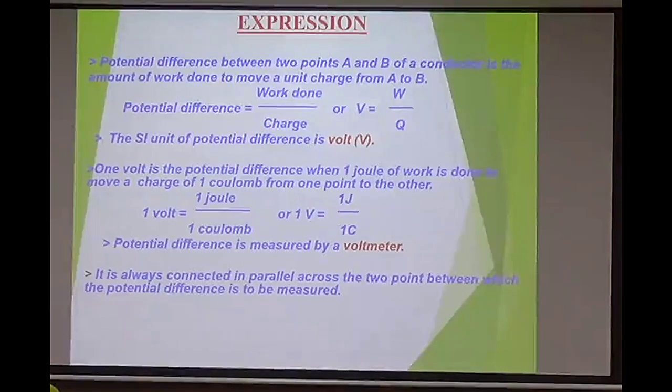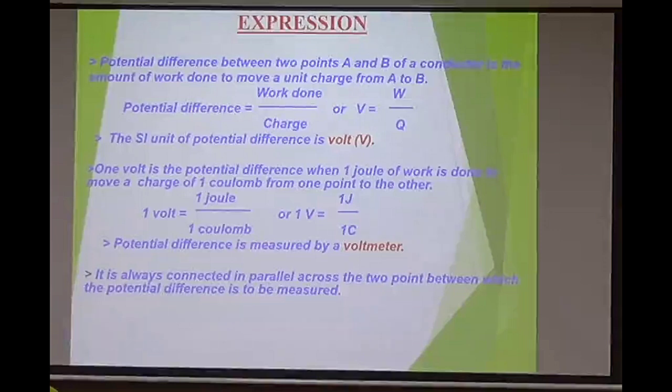Now how will you define 1 volt? 1 volt is the potential difference when 1 joule of work is done to move a charge of 1 coulomb from one point to another. So 1 volt is 1 joule upon 1 coulomb, and it is measured by an instrument called a voltmeter.